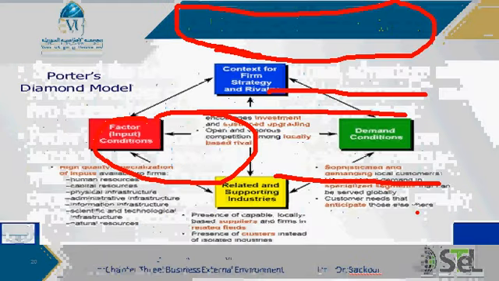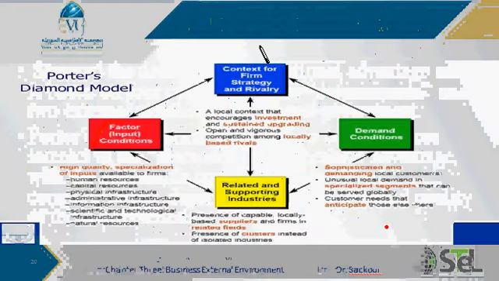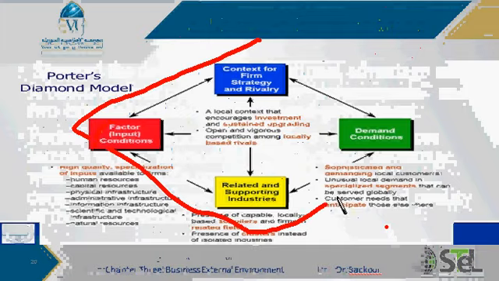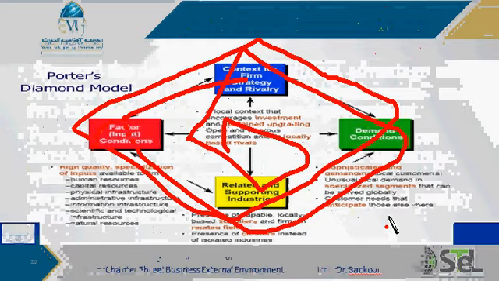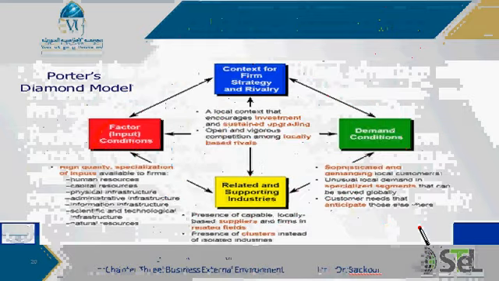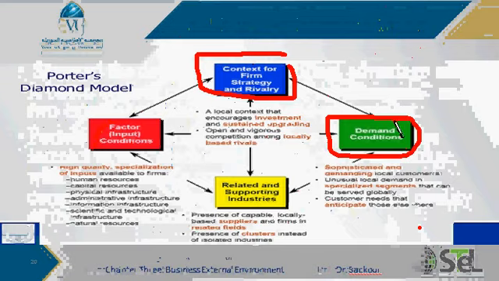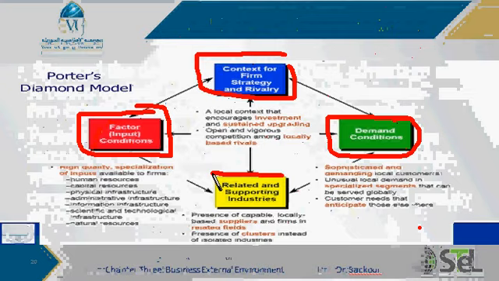Okay, so Porter said that there are 4 factors. They are working like diamonds. Like diamonds, there are 4 main factors: context for firm's strategy and rivalry, demand conditions, factor and input conditions, related and supporting industries.